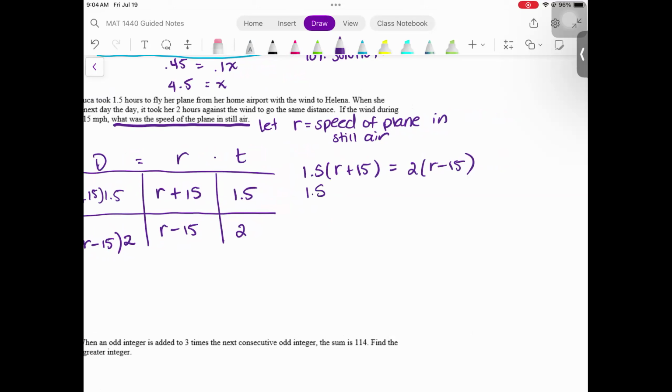We get 1.5R plus 22.5 equals 2R minus 30. I'm going to first make a decision to move my variables. So I've got 1.5R and 2R, so I'm going to subtract 1.5R from both sides. And I'm going to add 30 to both sides.